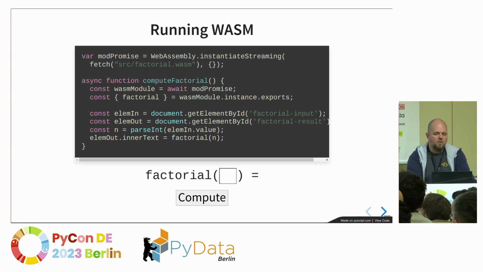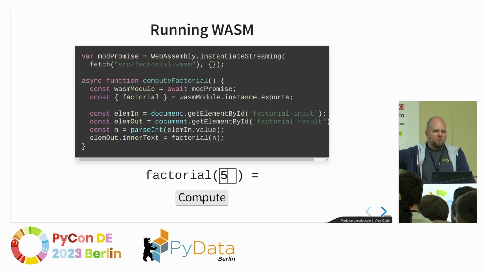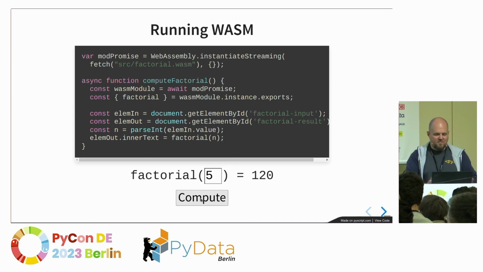This is the code, and it's not important to go into detail. It's the JavaScript API to instantiate the WebAssembly module, and once we have it, we can get the exports, which are the functions available from the outside. Then I get a reference to factorial, and I can ask JavaScript to call the WebAssembly function, which was written in C, and ask for the result. Let's see if the live demo works. It works. Good.